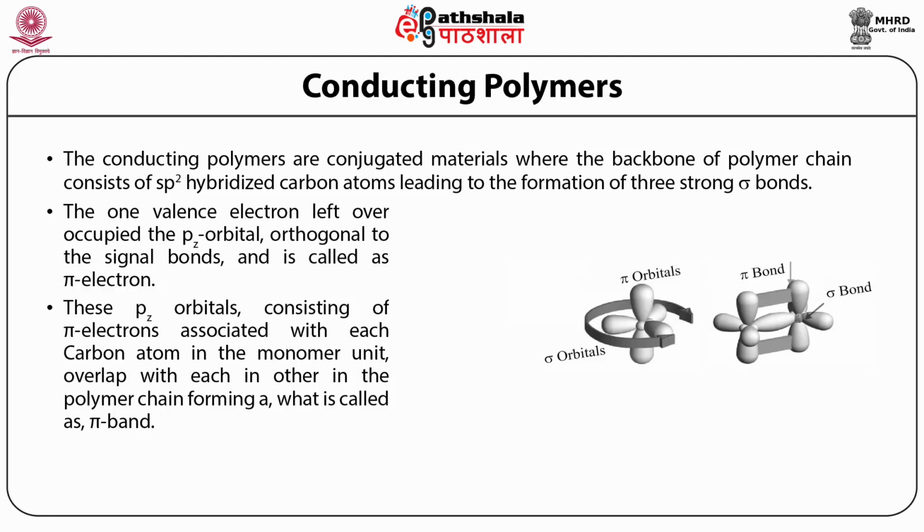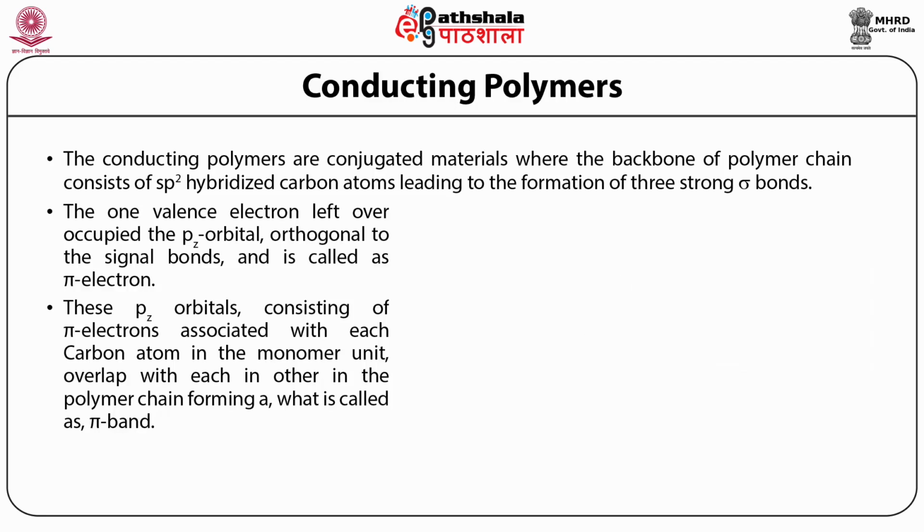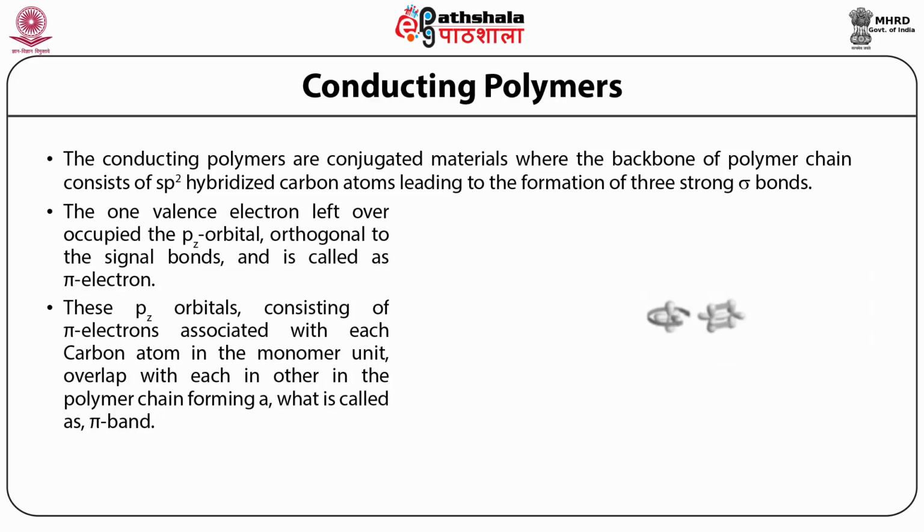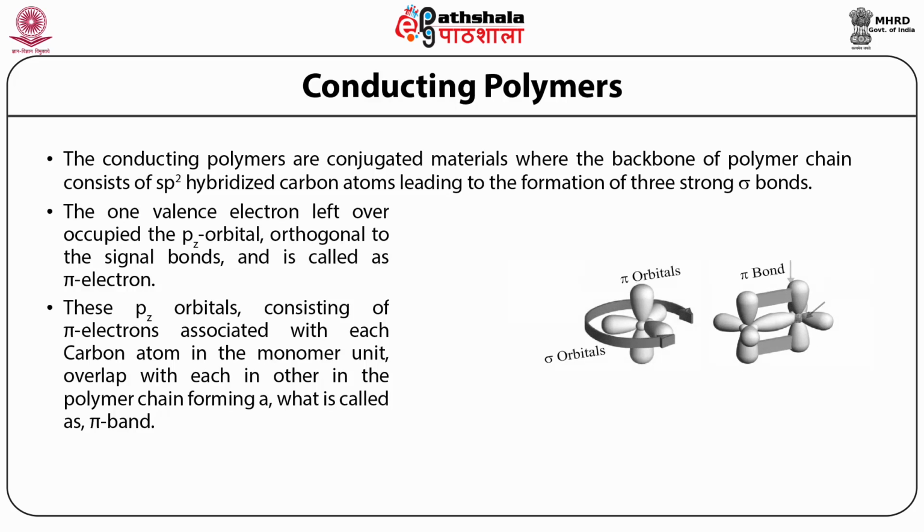At times, these orbitals are also called delocalized orbitals because of their half-filled nature. The electrons residing in these delocalized orbitals may end up having higher electrical mobility, particularly when the material is doped.